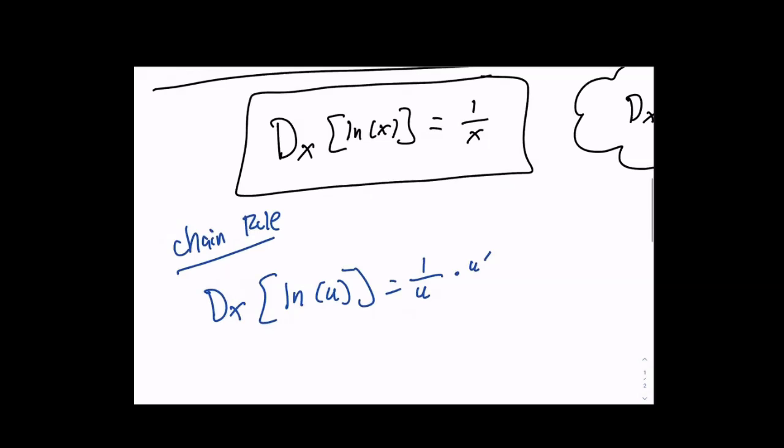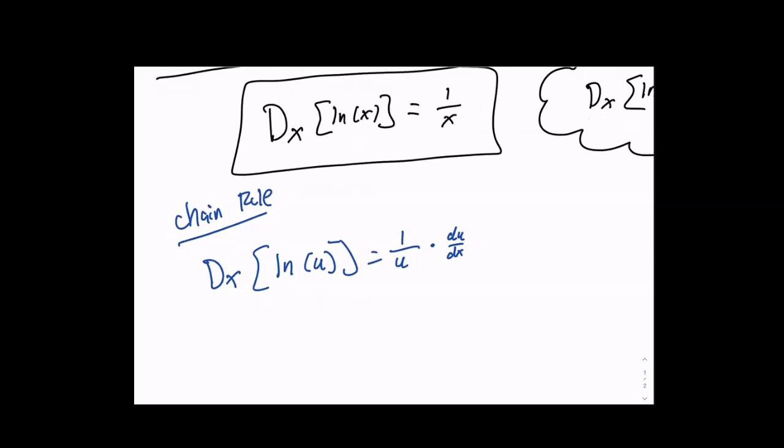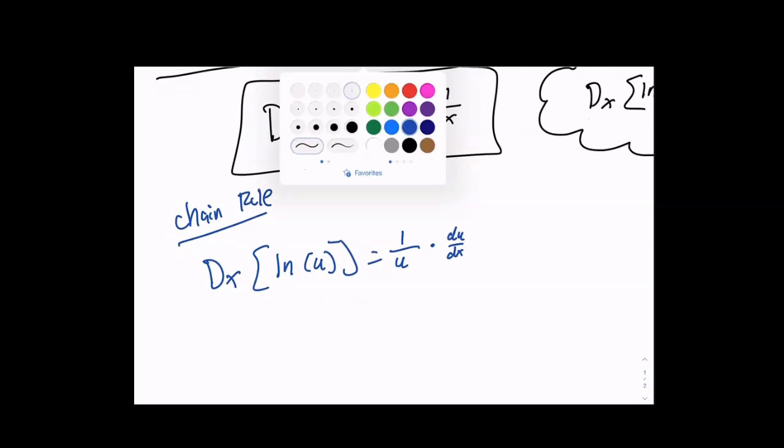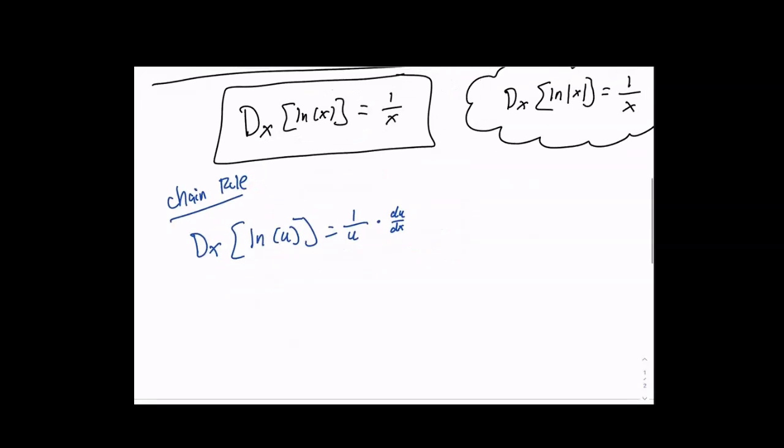Yeah. So you can state this as du times dx. I typically do it that way. Times du dx. So times the derivative of the baby. So I often will refer to this as, and I'll write it on the next one, actually. So that's the chain rule version.